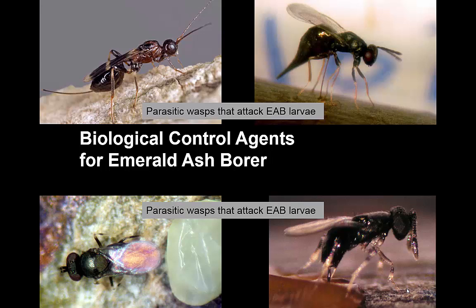And these are part of the reason why emerald ash borer is not an issue in Asia. In Asia, you have a robust complement of these natural enemies, plus you have resistant ash trees. Here, we don't have resistant ash trees. We just have, we hope, the ability to introduce some of these natural enemies, which is in progress.